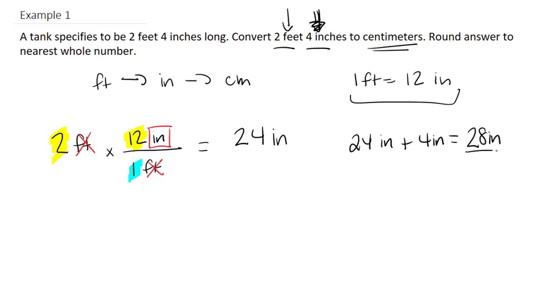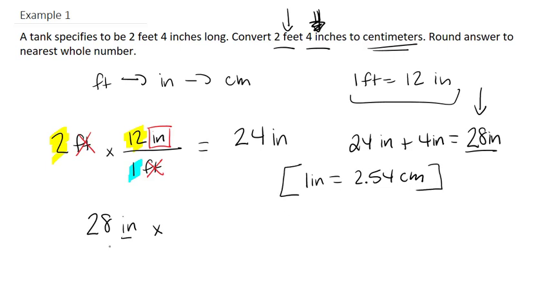Now we can convert to centimeters as we have this number as 1 unit. So now we have 28 inches and we need to convert from inches to centimeters. We know 1 inch is equal to 2.54 centimeters. So we're using this conversion. We need to cross out inches, so we're going to put inches on the bottom and 2.54 centimeters on the top.